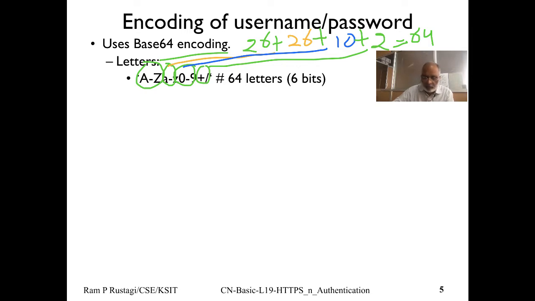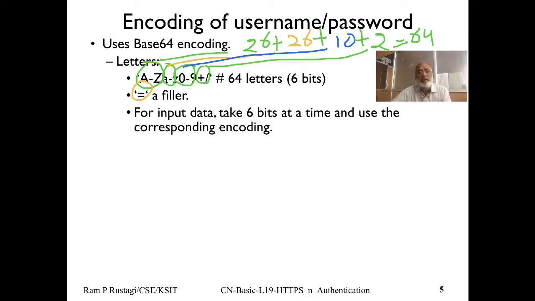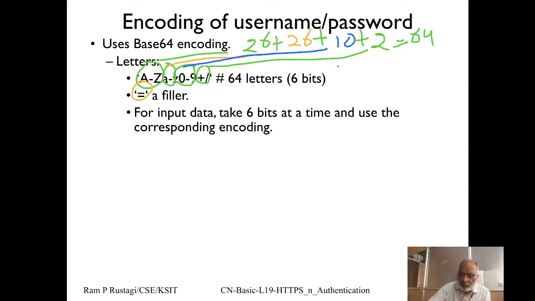There's one more character used, which is called the filler. In case some encoding is not complete, it is always done in blocks of 4 characters, so anytime you have less than that, filler is used, and we will show a demonstration in a while. Now, how is a given input converted into these 64 letters? For binary encoding, which is two letters, we need just 1 bit.